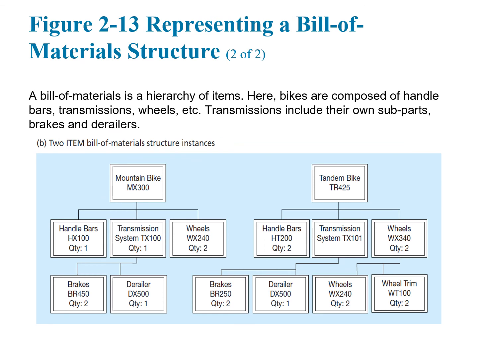A bill of material is a hierarchy of items. Here, bikes are composed of handlebars, transmission, wheels, etc. Transmission includes its own support, brakes, and derailleur. Two item bill of material structure instances. Unary relationships, especially one-to-many or many-to-many, often depict hierarchies.